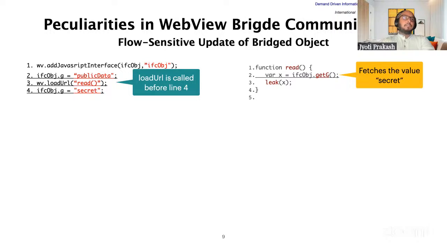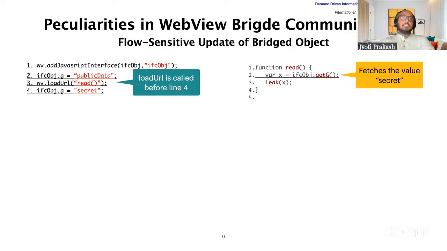After this statement, it modifies the field G. So naturally, the expected behavior is that G should contain public data. So at line number 3, when there's a leak of X, it should naturally leak the public data. But this is not the case.